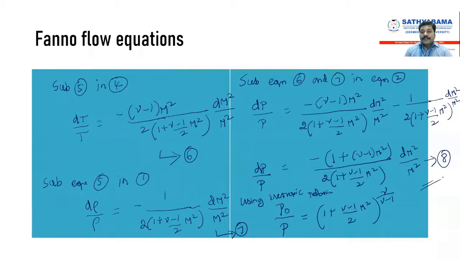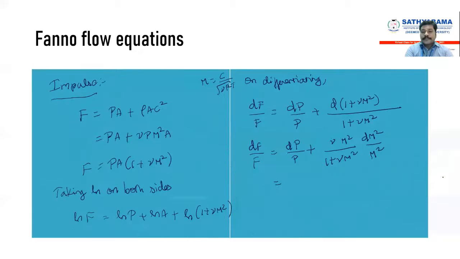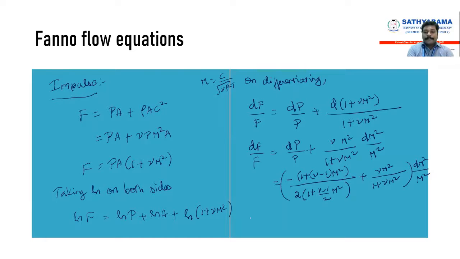Minus of 1 plus gamma minus 1 by 2 M square, divided by 1 plus gamma minus 1 by 2 M square, plus gamma M square, into dM square by M square, okay.